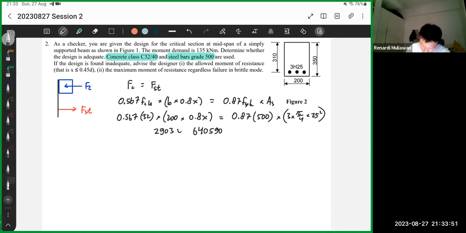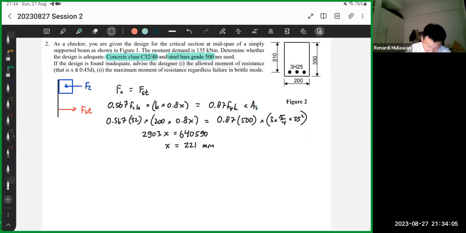Yeah, done. So X is just 221 millimeter. Again, this one is under the assumption that the steel has yielded. Okay. Assume steel yielded for this.